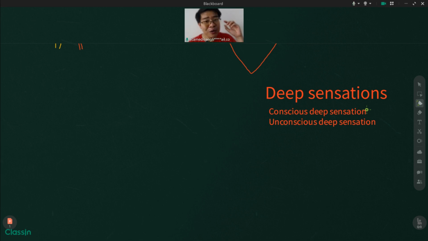But that information is not in the cerebral cortex, which means you cannot sense it. So that is called unconscious deep sensation. These two have only one difference. Conscious deep sensation goes to your cerebral cortex, while unconscious deep sensation goes to your cerebellum. That is the only distinction between the two.